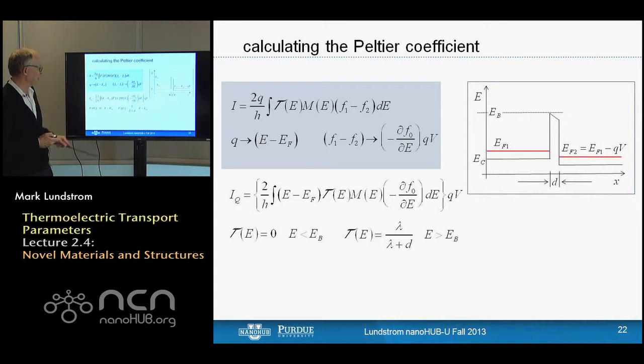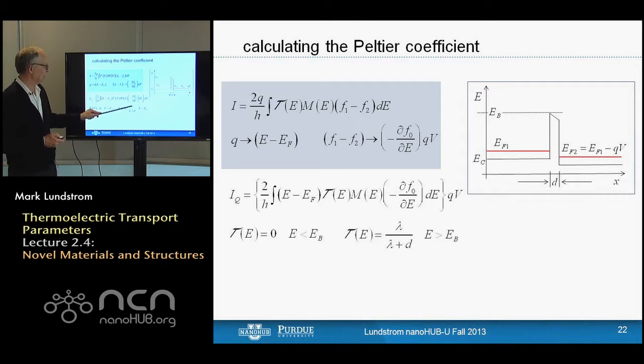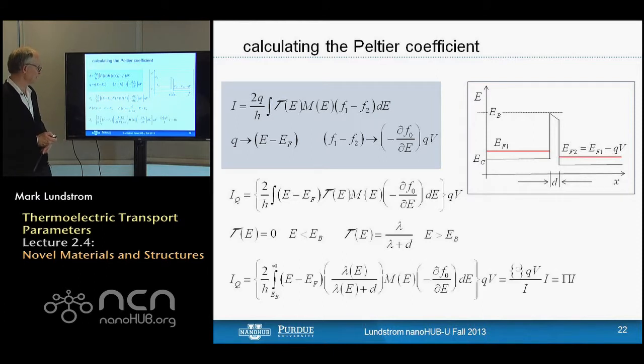Now, we need the transmission. Well, if the barrier is thick enough, the transmission is 0 for energies below the top of the barrier, because electrons can't tunnel through the barrier. Once they get over the barrier, there might be some scattering that could return them to the left contact. The transmission would just be the mean free path over the mean free path plus the thickness of the barrier, if it's above the barrier. Okay.